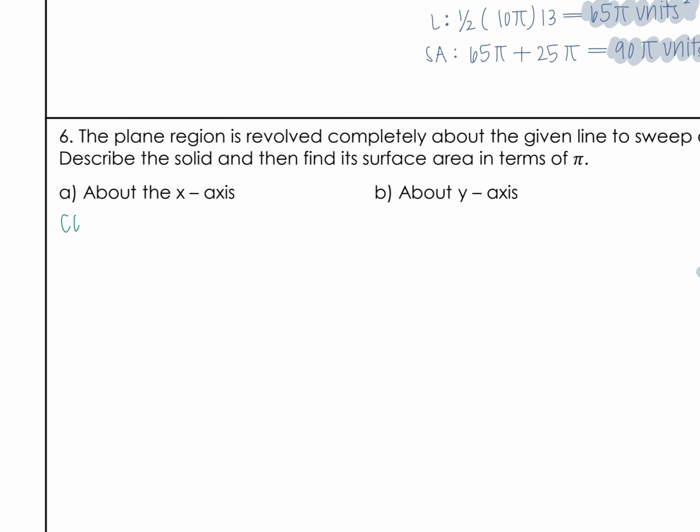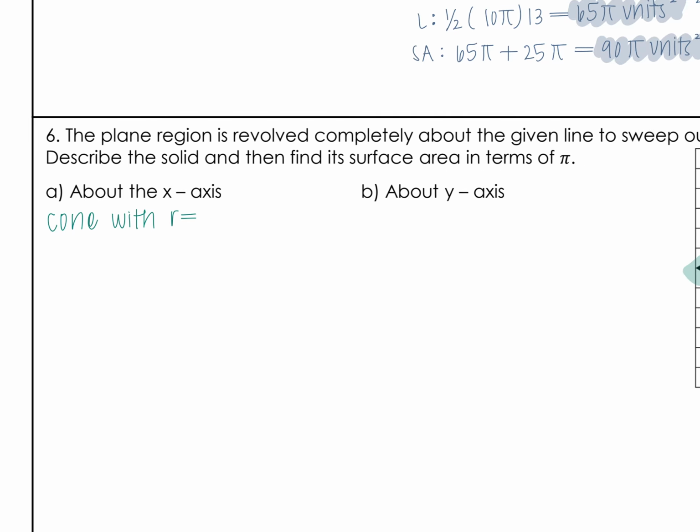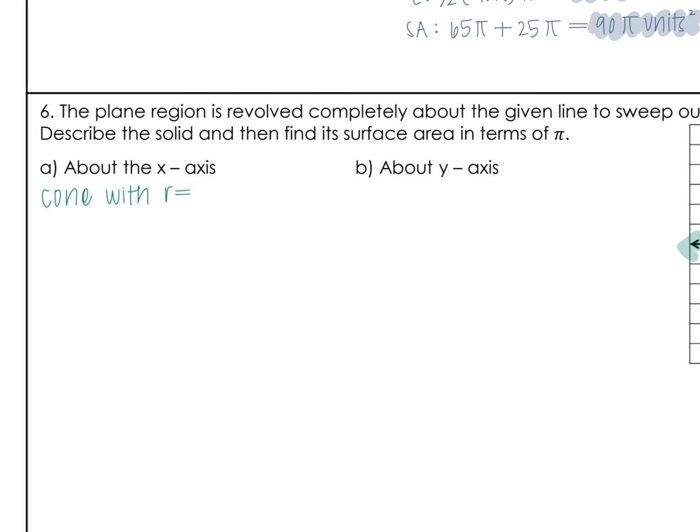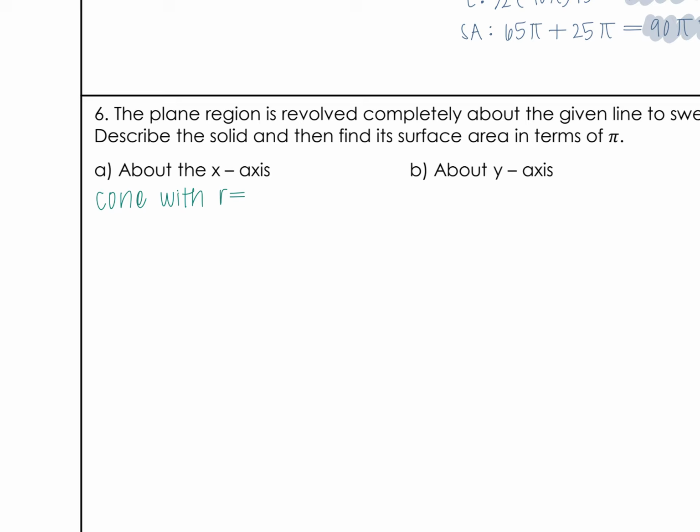So this is going to be a cone, with a radius of, let's see, 1, 2, 3. And then we'll have a height of 1, 2, 3, 4, 5. We won't necessarily need that, but it will help us in the end. So we said that our radius was 3, and then we're going to have a height equal to 5.